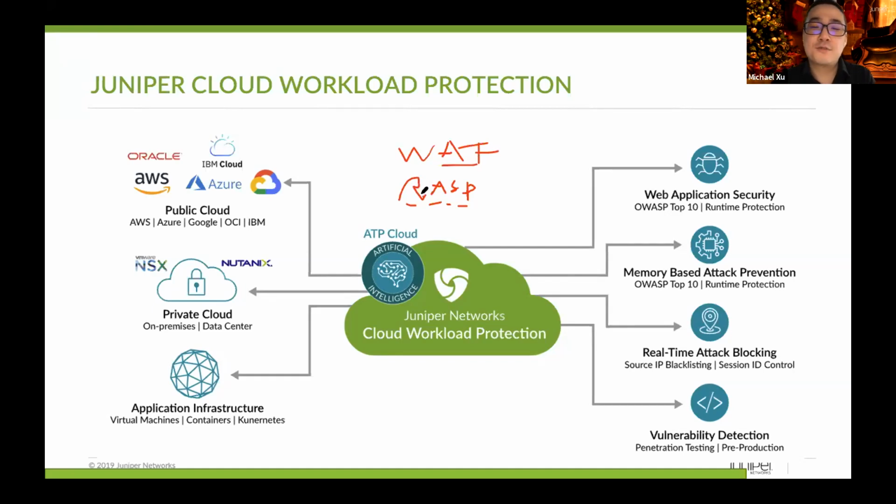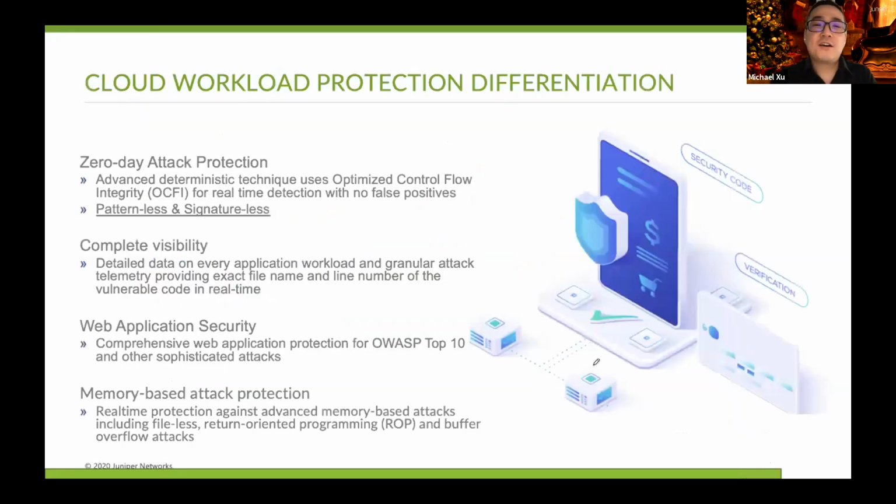However, with the RASP solution, what we need to do is simply install an agent onto each of your workloads, and it gives you protection against things like the OWASP top 10, SQL injection, cross-site scripting, and memory-based attacks like buffer overflow and stack overflow. It's real time, and it can help you highlight vulnerabilities detected at runtime.